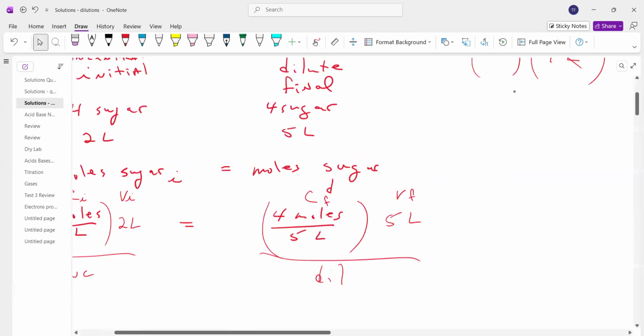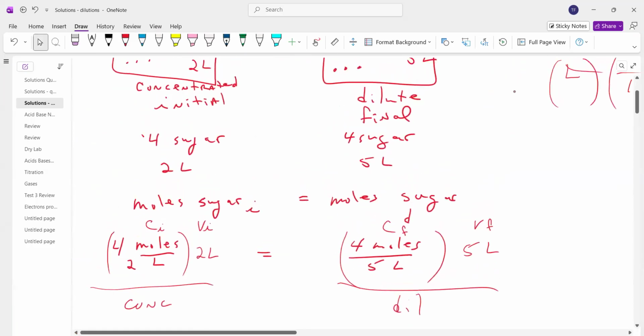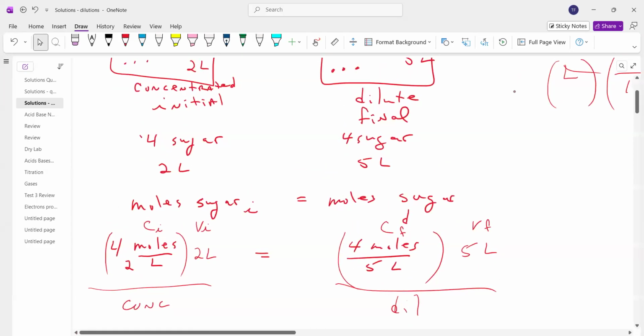Okay, so getting back to here, we're going to be using this to find the initial number of moles. And then we need to figure out the final number of moles. And we set those equal to one another because moles initial equals moles final.